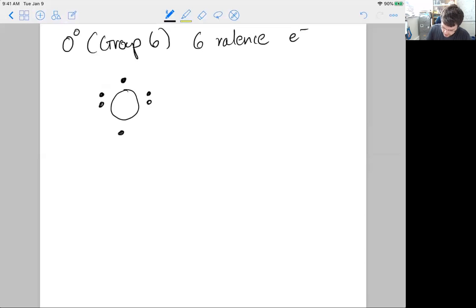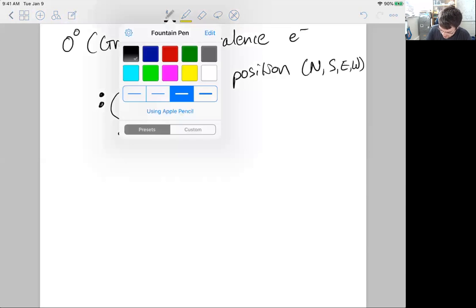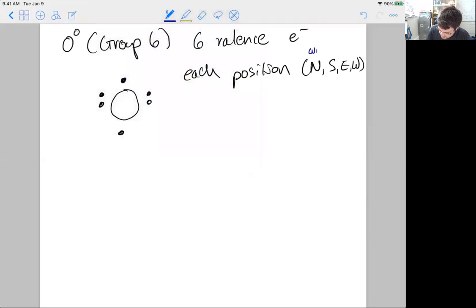So each position, that is north, south, east, and west, these are Willoughby terms, I guess, can hold 0 to 2 electrons.